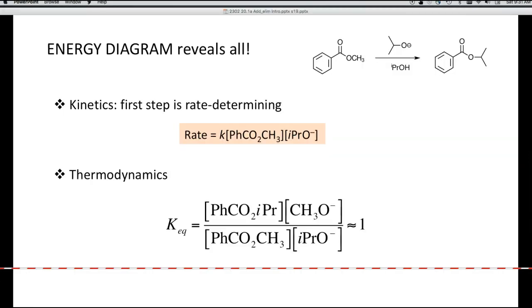And the equilibrium constant, which we again determine experimentally, shows that the products versus the starting materials, concentration wise, when equilibrium is reached, pretty much the stability is equivalent and our equilibrium constant is approximately 1. So again, in order to get this reaction to go to product, we have to force it to product by using Le Chatelier's principle.